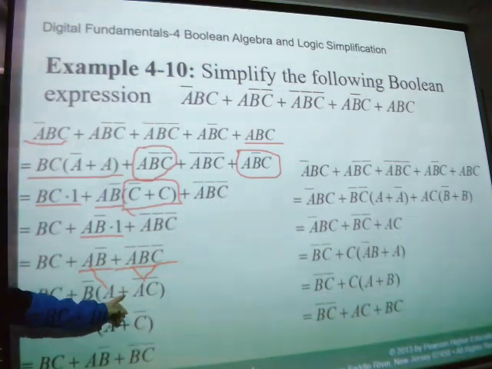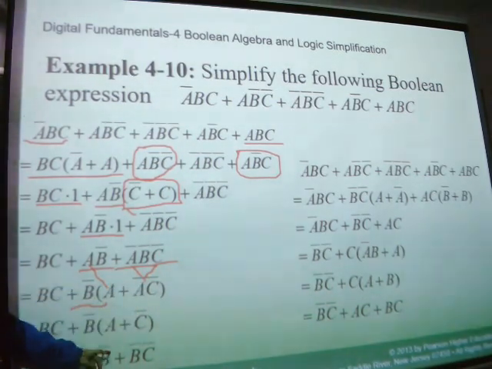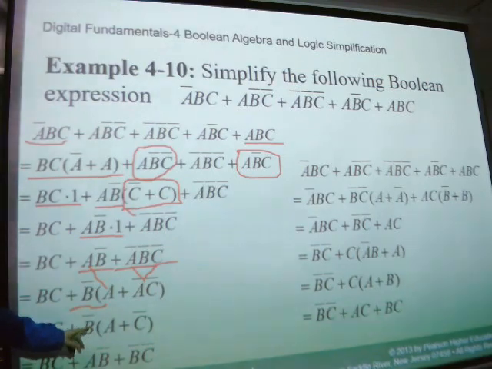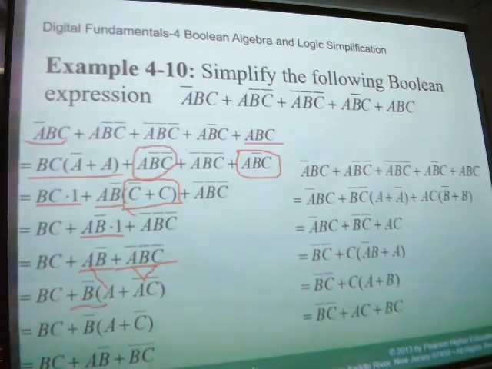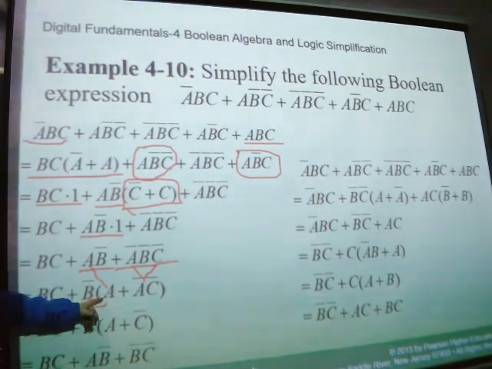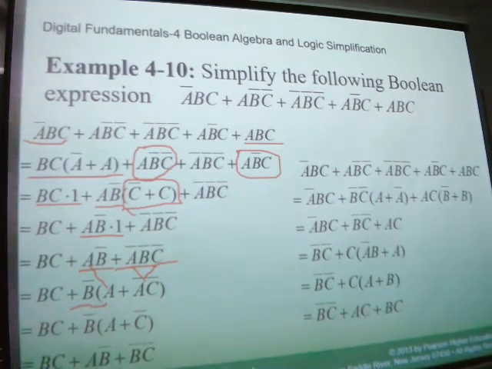And A plus A bar C bar equals A plus C bar, by Rule 11. So it equals this.